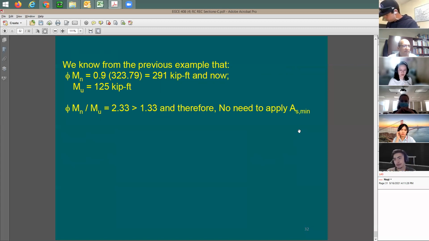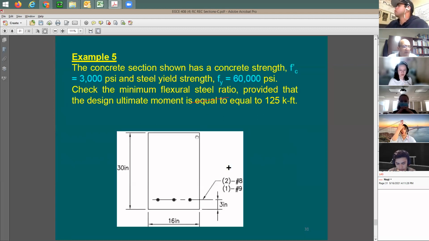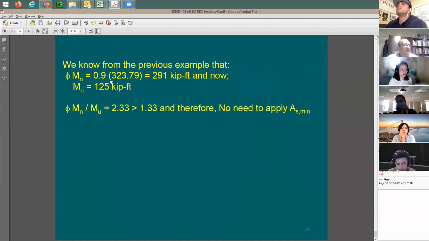But what I can do, I can figure out phi Mn for this given reinforcement and beam section and concrete strength. Meaning, for this configuration, we have done already one example. And phi Mn is going to be equal to, look at this, 291 kip-foot. So instead of comparing reinforcing to reinforcing, I should be able to apply the same concept and compare moment to moment.